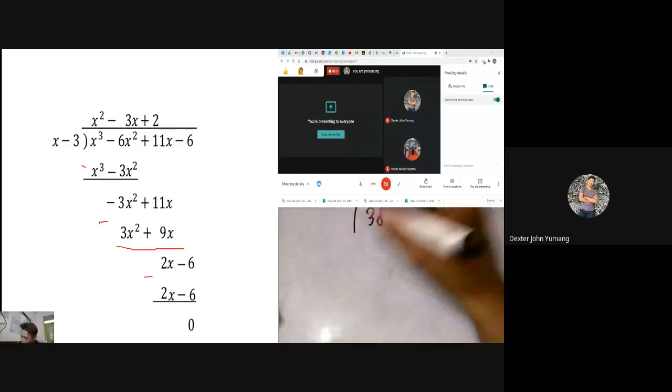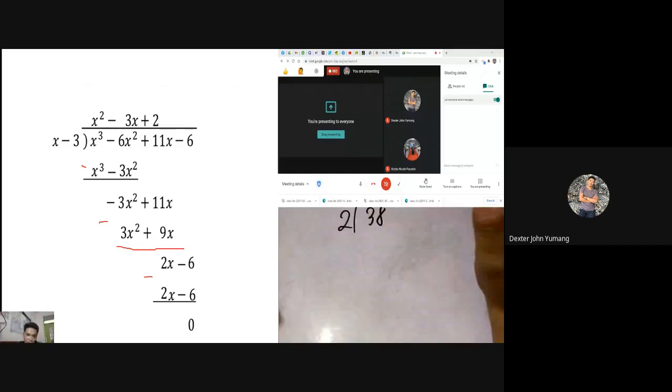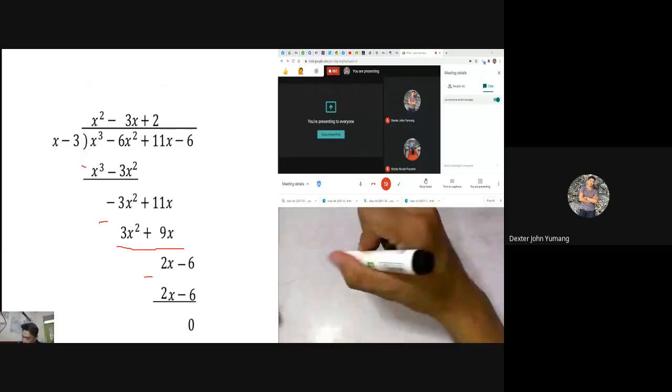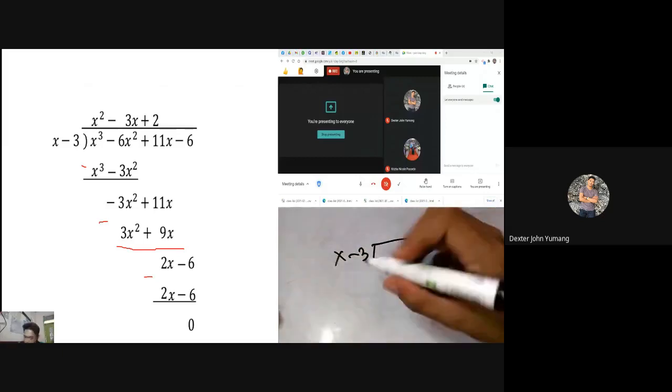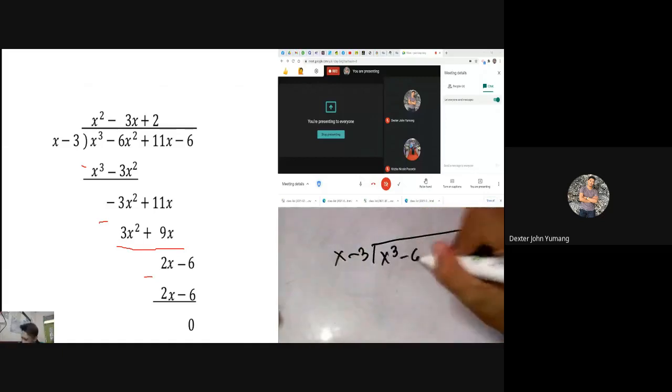Ganyan ang image niya. Pero nilagyan lang siya ng maraming variables at saka exponents. So, how do we divide that one? So, x minus 3, then we are going to divide it by x cubed minus 6x squared plus 11x minus 6.